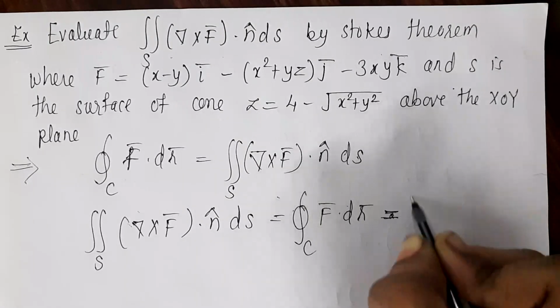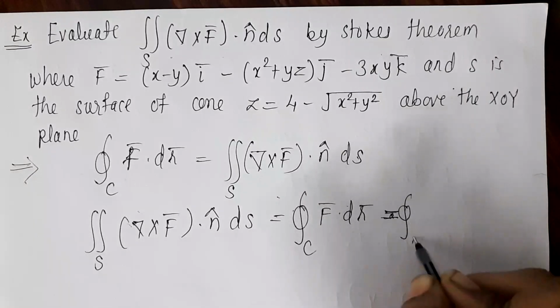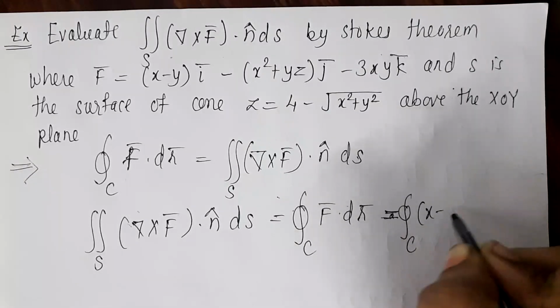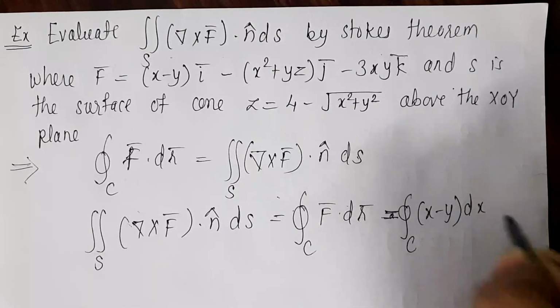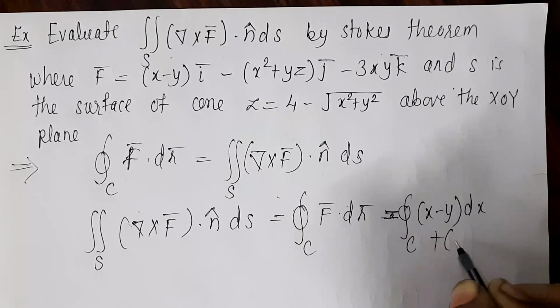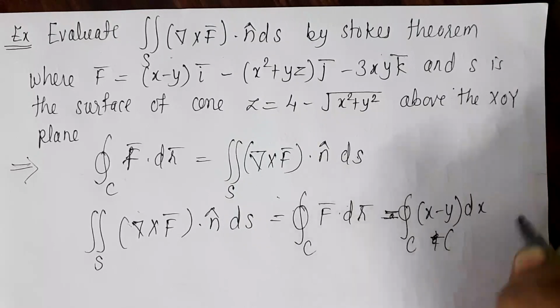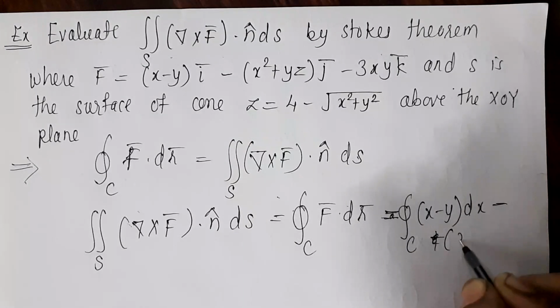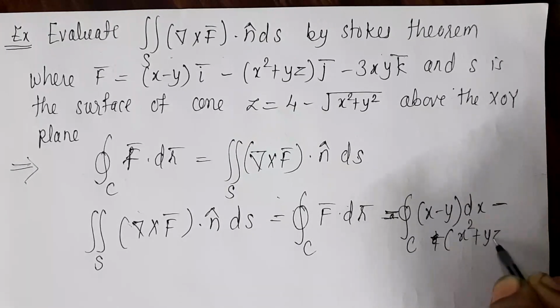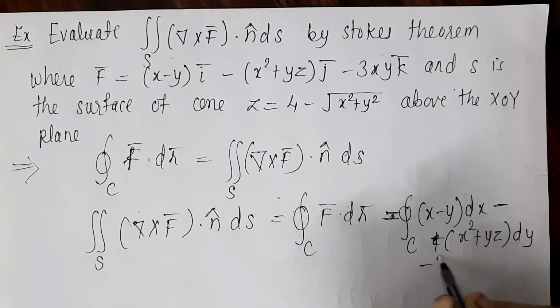So it is equal to integral over c, f is x minus y multiplied by dx, minus x square plus yz multiplied by dy, minus 3xy dz.